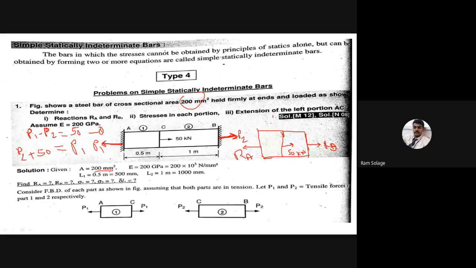A is equal to 200 mm square. Write down the given data: A is equal to 200 mm square. Next, modulus of elasticity is given as 200 gigapascal, which means 200 into 10 raised to 3 Newton per mm square.